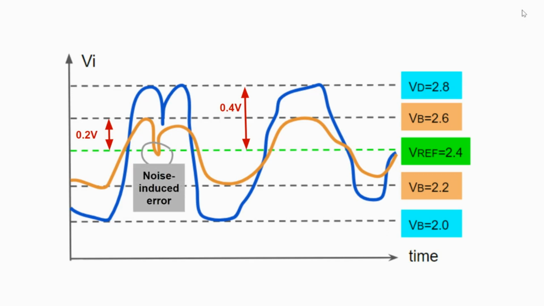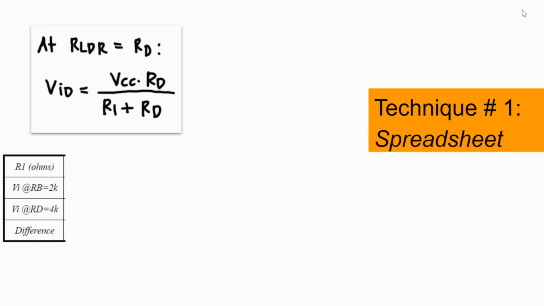noise. And so now I will show you how to get the value of R1 from the difference of VID and VIB. Technique number 1. Use a spreadsheet calculator. Knowing the values of RD, we will first calculate VID.